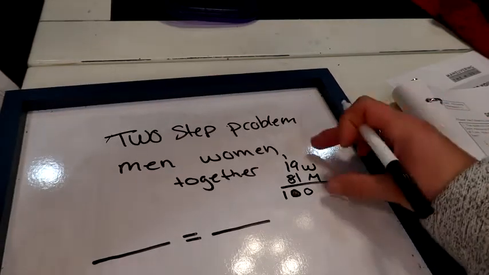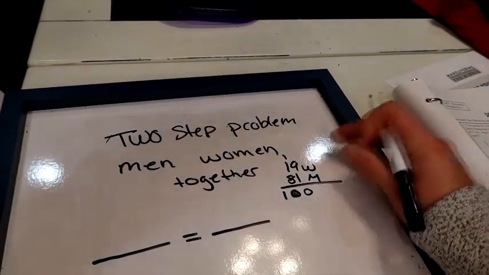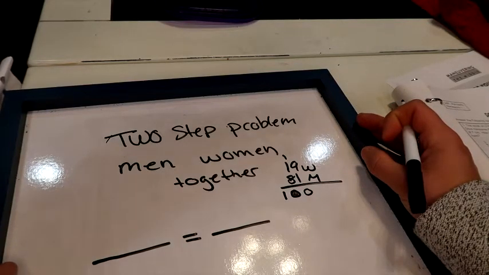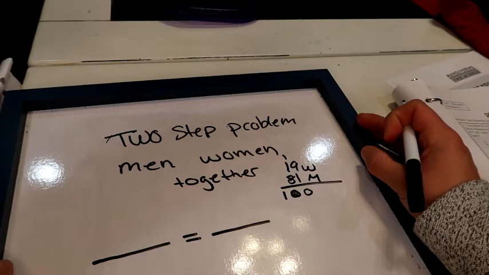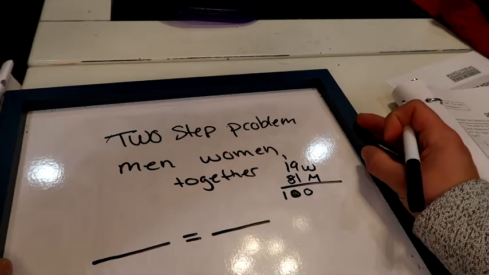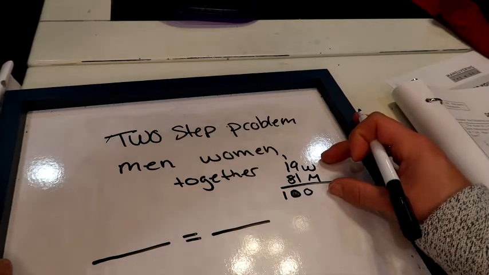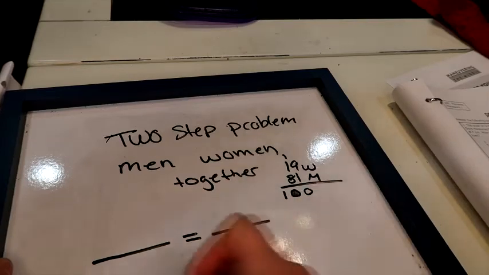We have to combine the men and women together because the question says if a squadron has 250 members, approximately how many are men? We need to combine the men and women together right away just to get a general number of 100.